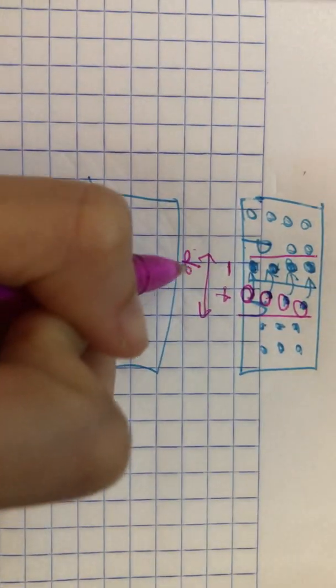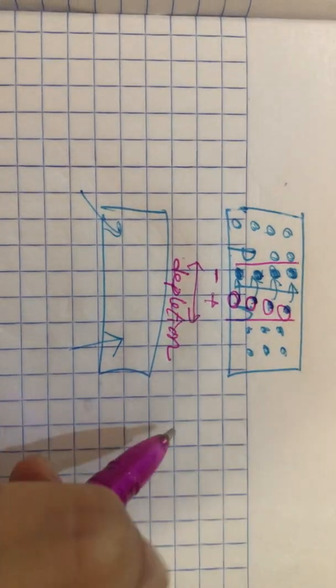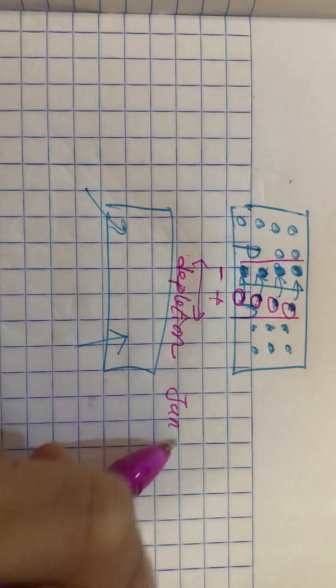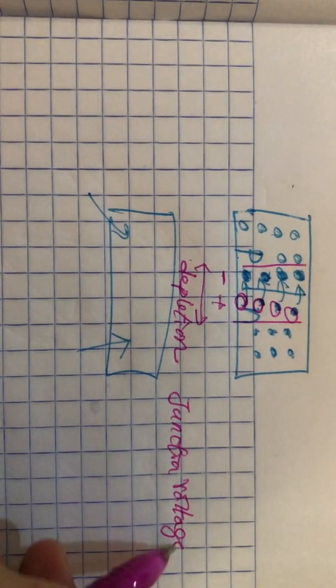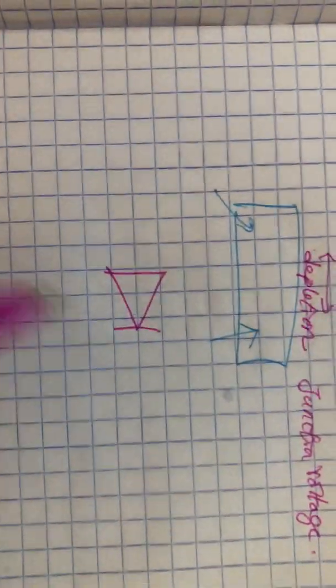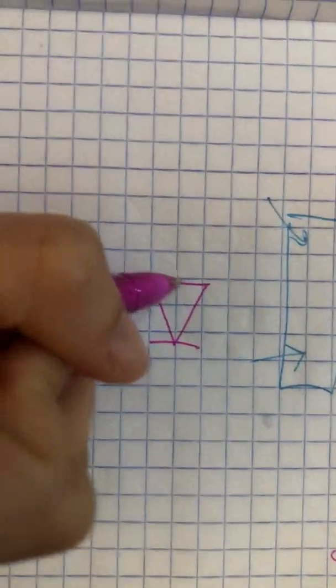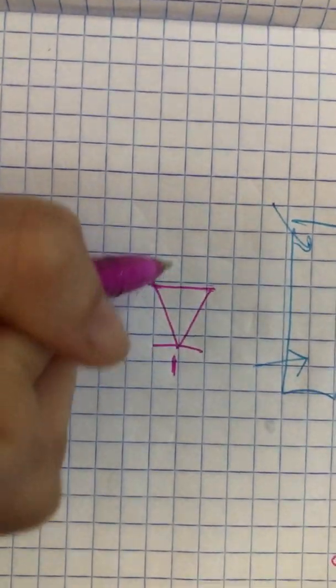Okay, so the depletion layer has a small voltage, which we call the junction voltage. So this is what we call a diode. So how do we draw a diode? This is the symbol of a diode. The longer part and the sharp part: this one is negative, this one is positive.